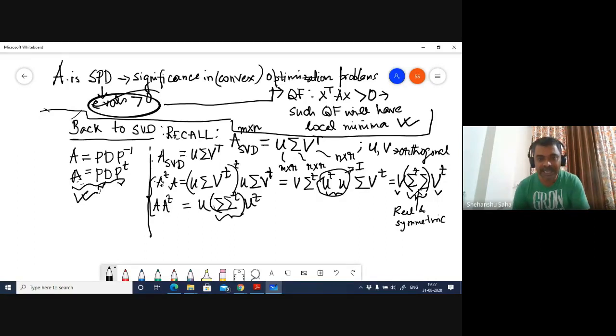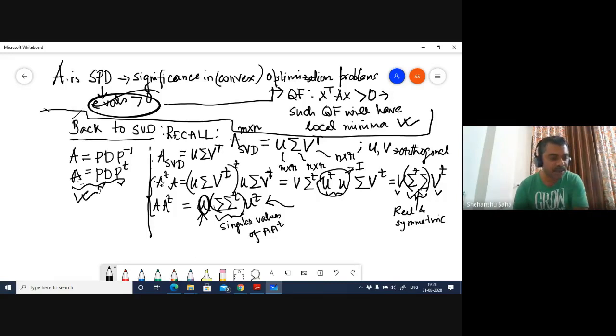But by virtue of such a transformation, this U contains the eigenvectors of AA transpose.